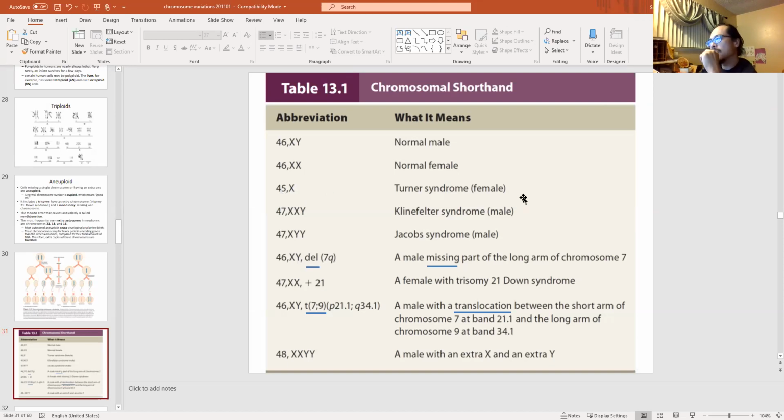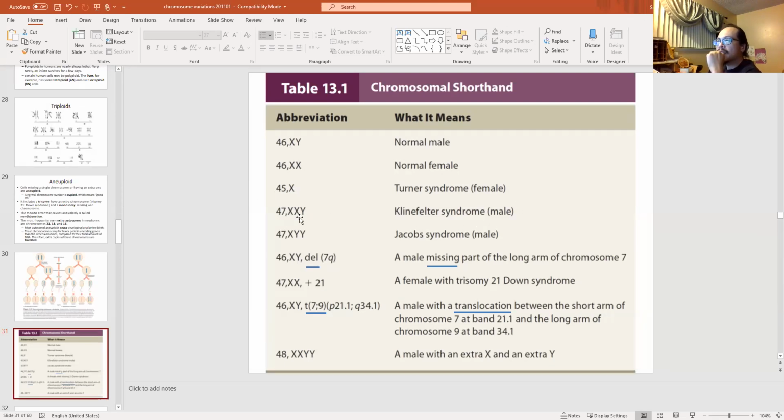This is one we mentioned very early, in the sex genetics. This is a female, but she only has one X, not two, so she is not fully developed in sex characteristics. This is also called Turner syndrome, a relatively common sex chromosome condition.